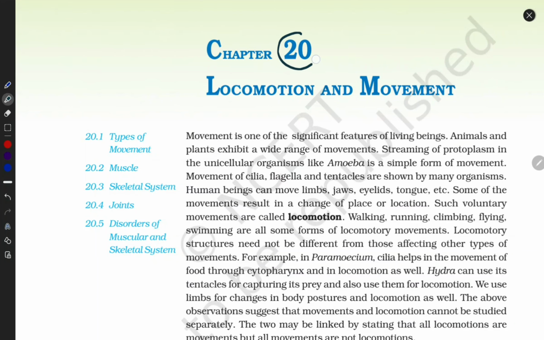Chapter 20, Locomotion and Movement. Locomotion is a different term and movement is also a different term.